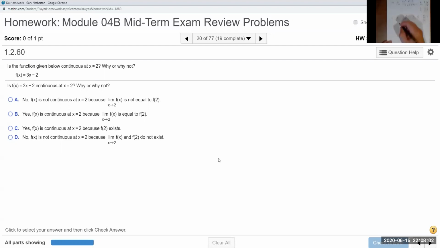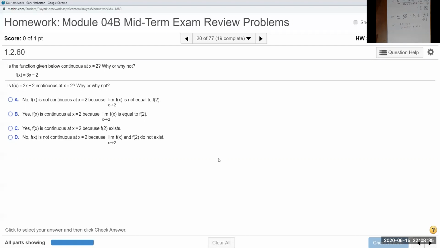We're looking at f of x, this is number 20. f of x equals 3x minus 2. And they're asking, is this function continuous at x equals 2?